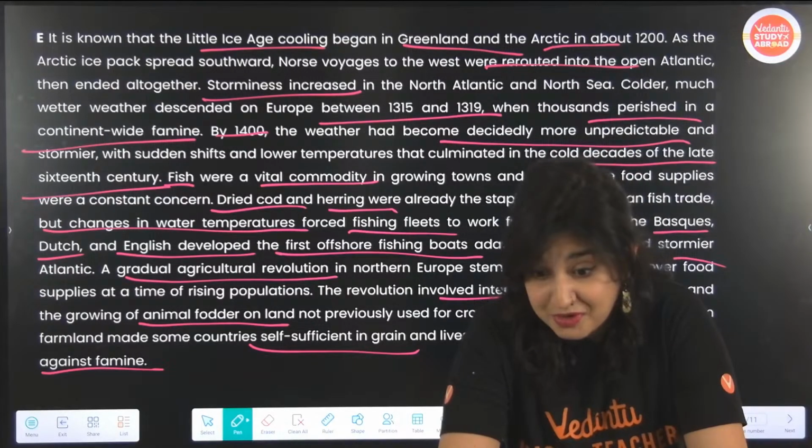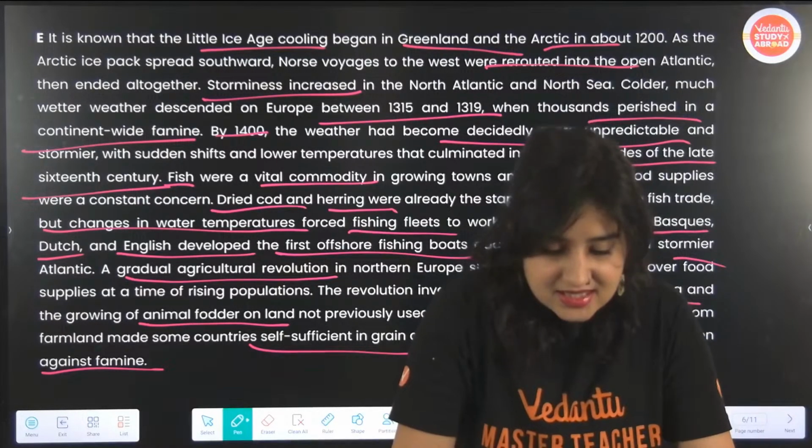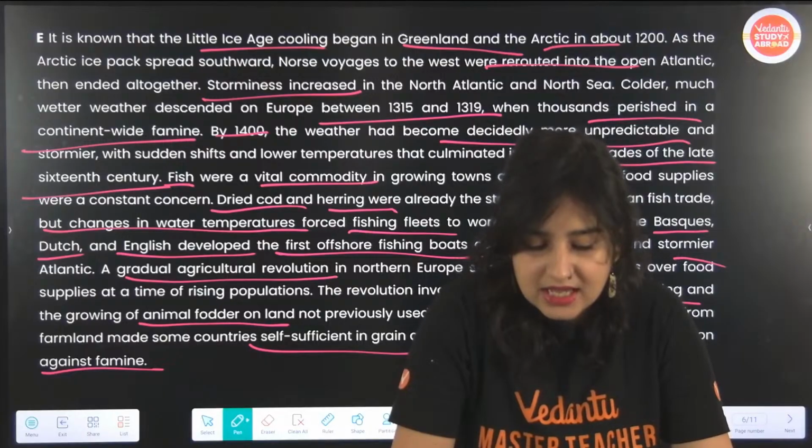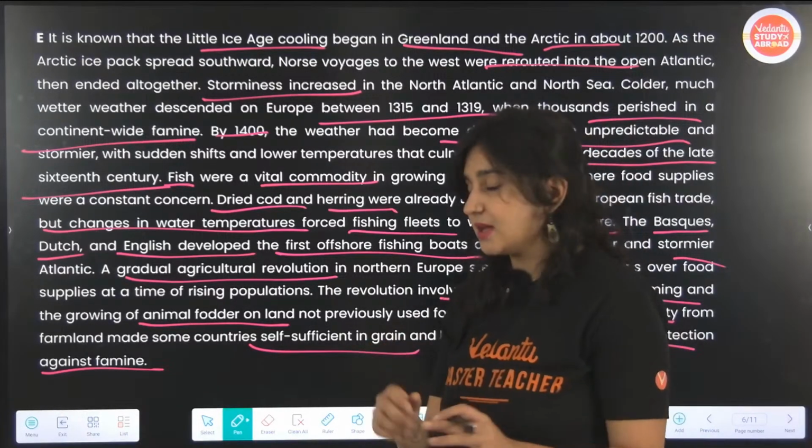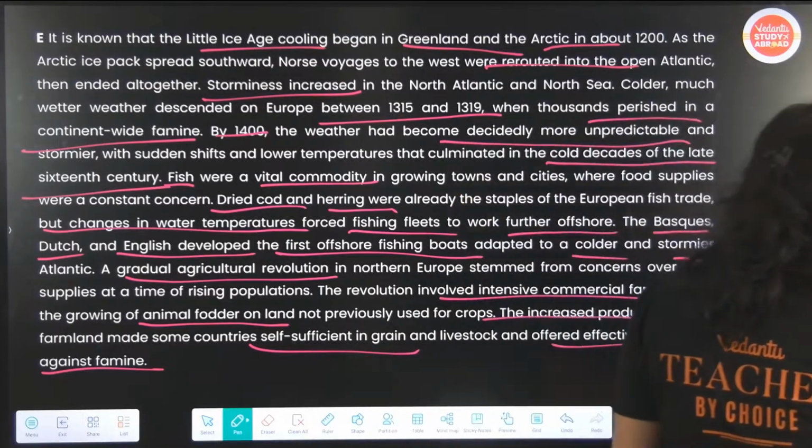Okay, this is about the struggle in food and the suffering in the Ice Age. Okay, agricultural revolution in Europe. Very good. So all of you are giving some points. You need to give all.